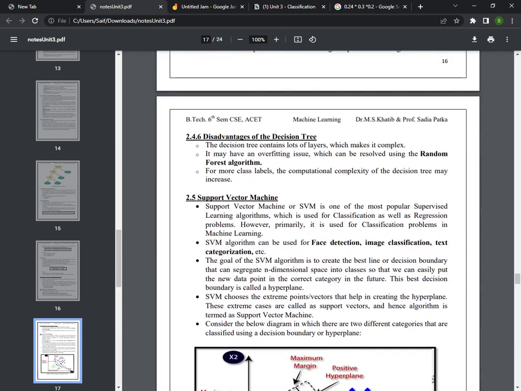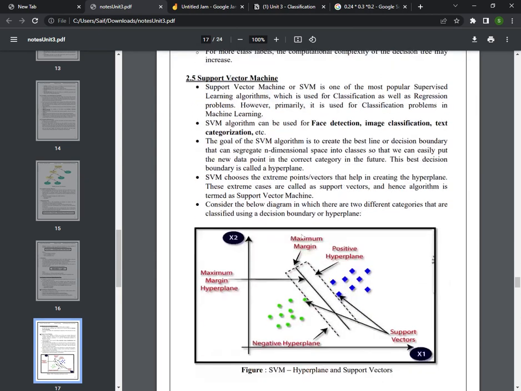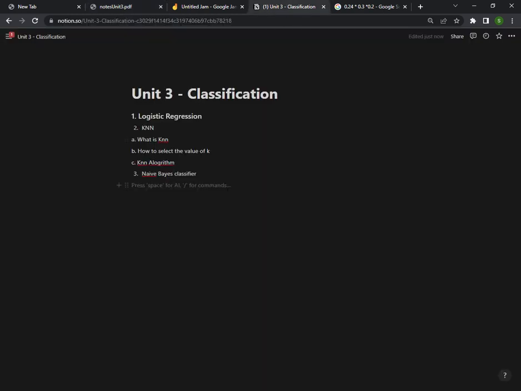Now inside decision tree we have a concept called random forest tree. We are going to learn about it more in unit 5, that is the bagging and boosting concept. But for now we are going to move to support vector machine. We have seen decision tree also.